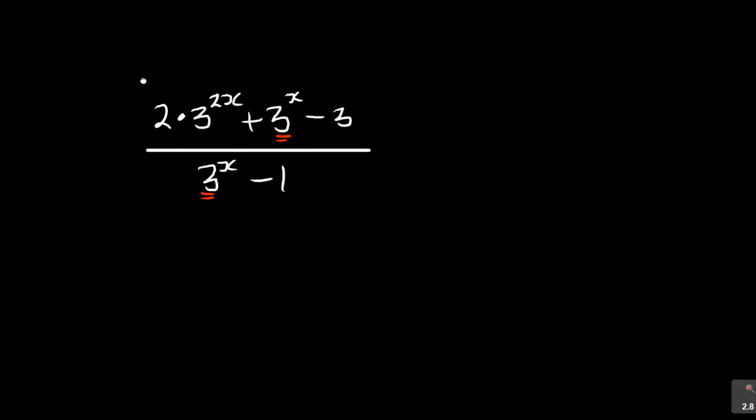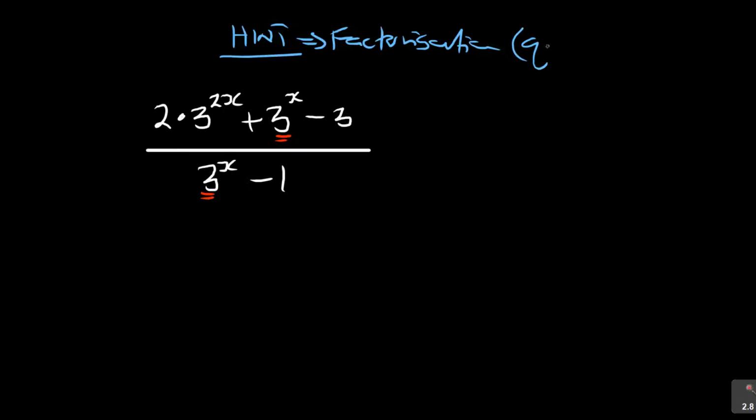Now, what must you take out from here? There is a hint. The hint here is that you are going to do factorization, and this is quadratic in nature. I don't know why they gave it so few marks, but this thing is quadratic.